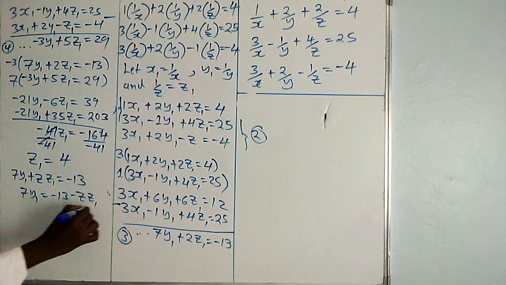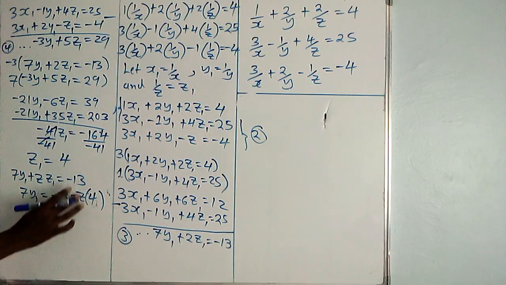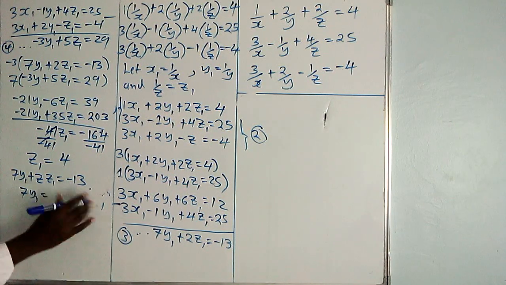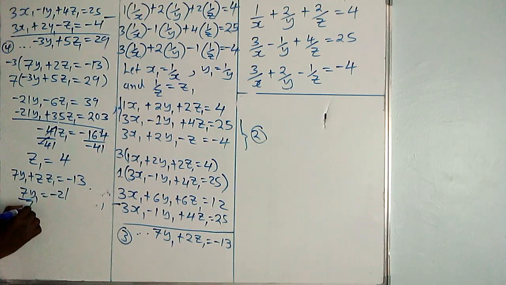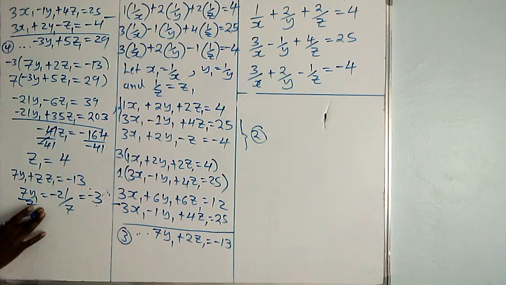Then you substitute the value of z1, what do you have? 7y1 is negative 13 minus 2 times 4. What do you get? You get 7y1 is negative 21, isn't it? So you divide both sides by 7 to get y1. So what is y1? Negative 3, isn't it? So y1 is negative 3.